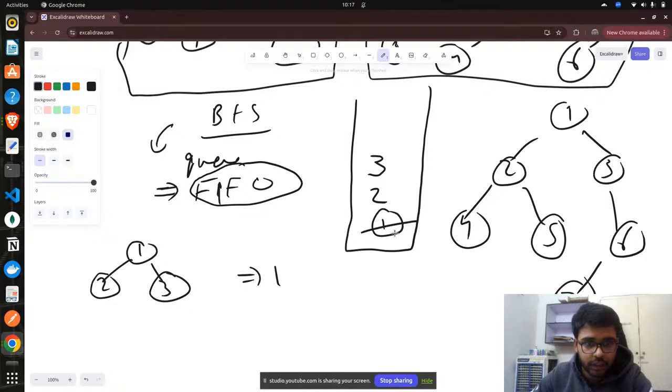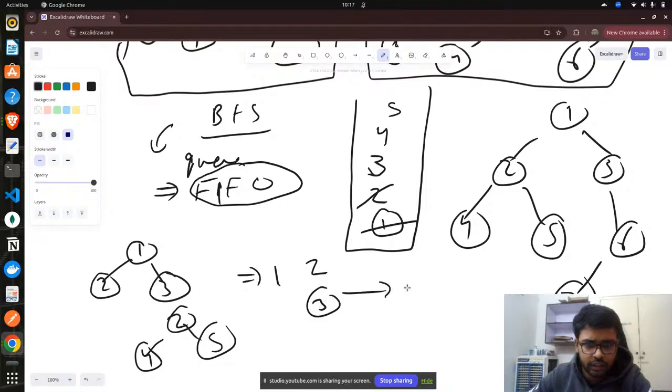So 2 and 3, and then we will get 2, and with 2 we have connected 4 and 5. So we will also enter 4 and 5, and 2 will go out, and then we will get 3. With 3 there's 6, so we will write 6 and 3 will go out.